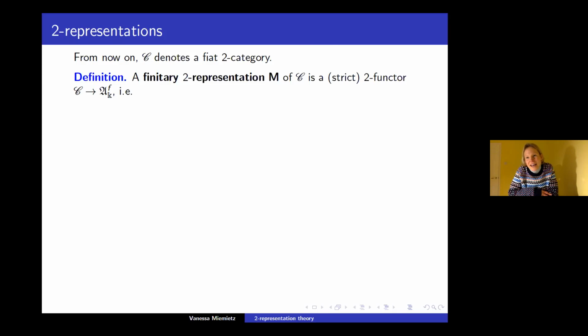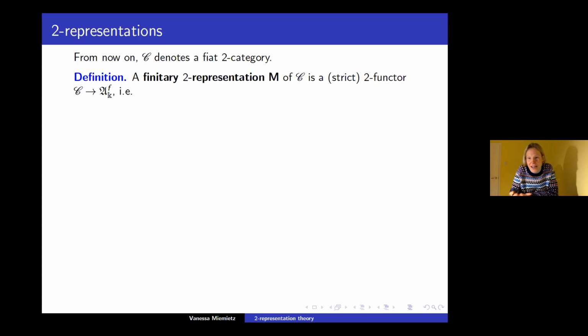I've said before, a representation of an algebra is a functor from the algebra to vector spaces, and similarly, a 2-representation is a 2-functor from the 2-category to something. And I've already said, and this is why I introduced this somewhat strange looking 2-category, that it is the correct replacement for vector spaces for the examples that we're interested in, because you should always represent in the thing that you're enriched over.